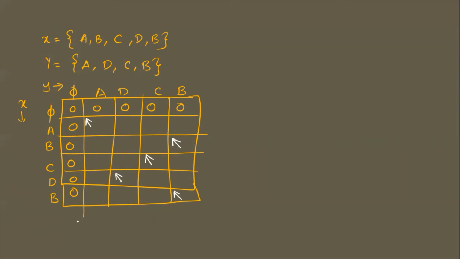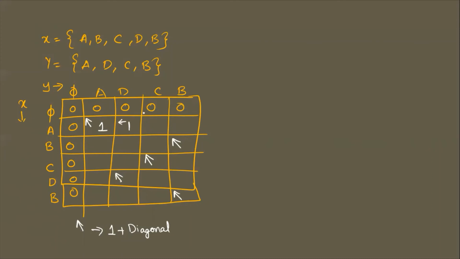And wherever you are drawing diagonal, the value is 1 plus whatever value is there in the diagonal cell. Right. Next, okay, this is done. A and A, 1 plus 0, 1. And next is A and D, you have to take the maximum. So if it is different, take the maximum, and then give the arrow mark.